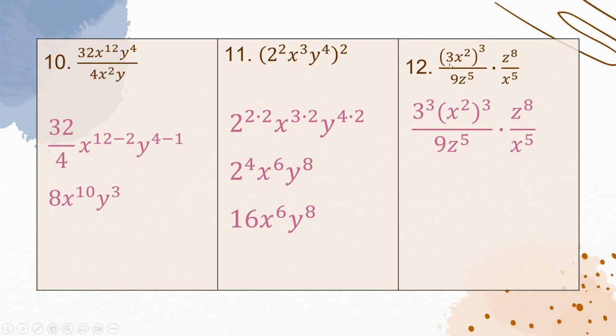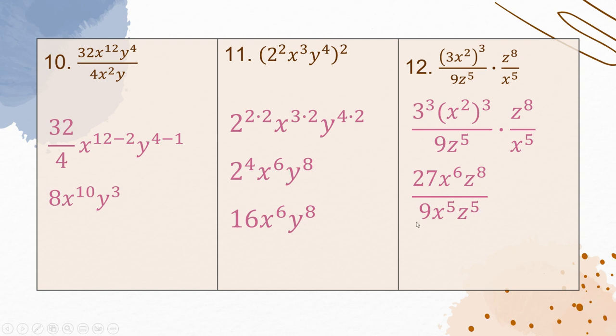So I'm taking my product to a power of this numerator right here. Well, 3 cubed is just 27. So 27x to the 6th. And since I'm multiplying, I can put my numerators together and my denominators together. So I have 27x to the 6th, z to the 8th, over 9x to the 5th, z to the 5th.